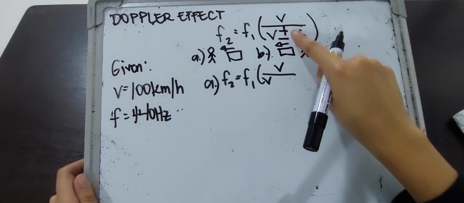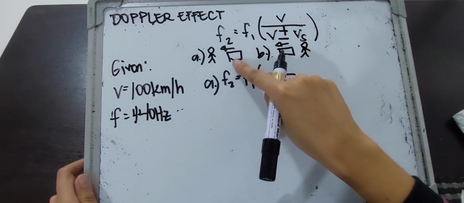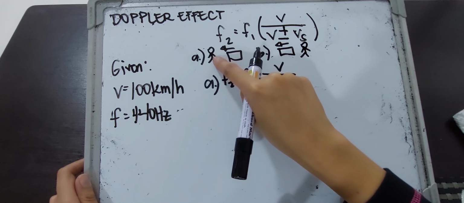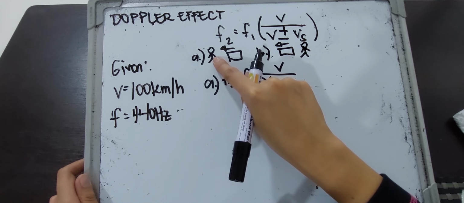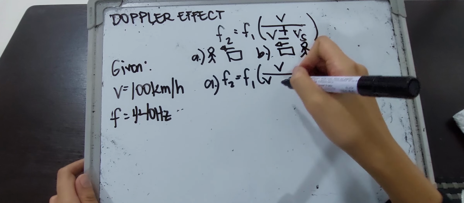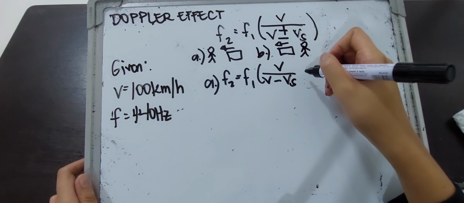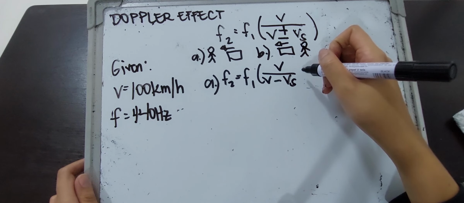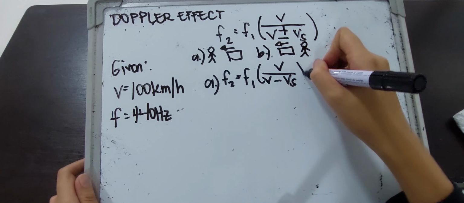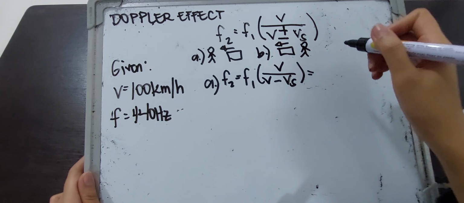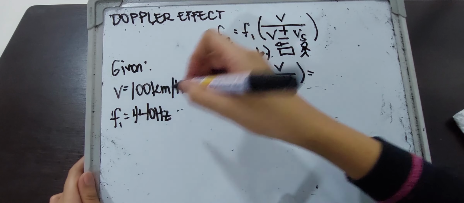So add or subtract. Since the source is moving towards the observer, we are going to use minus the speed ng ating car. Okay. So, dito ko na lang isusulat our frequency.